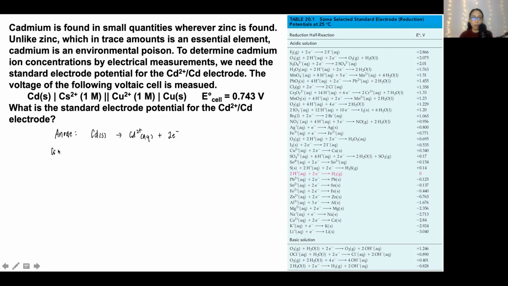And you have your cathode reaction, which is your copper 2 ions becoming solid copper. So there's no need to multiply any coefficient in any half reaction because the number of electrons is equal. So we have the overall redox reaction.